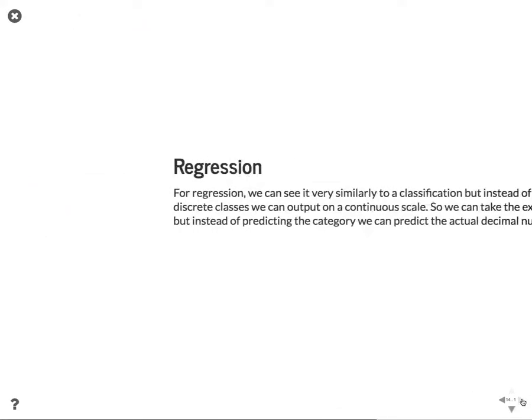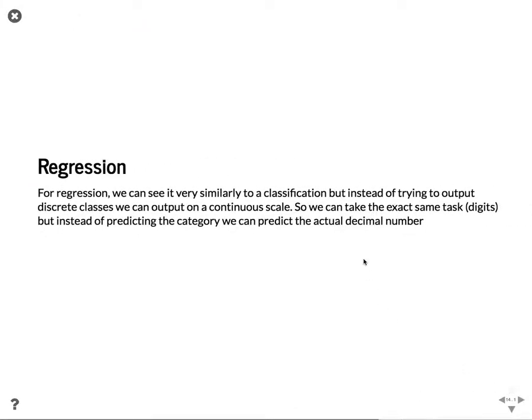We'll leave out logistic regression. So regression is very similar to classification, as we mentioned before, but the difference is instead of predicting a class that you output, you predict a value. So it's really a continuous problem instead of a discrete problem.